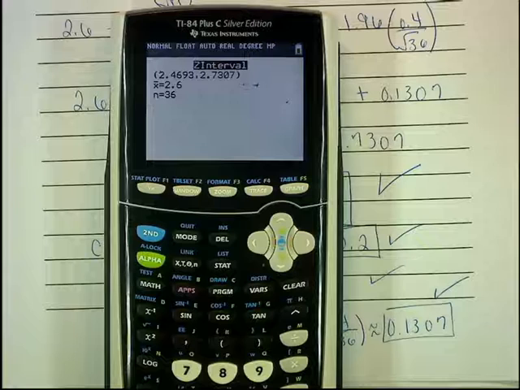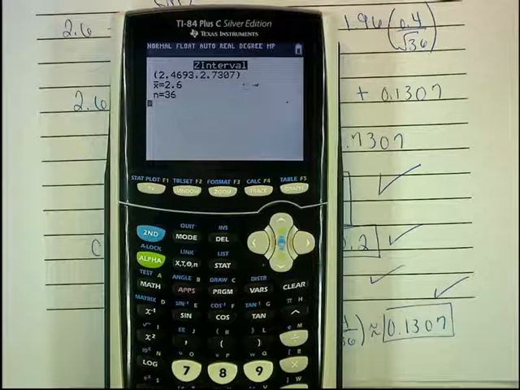There is an approximation for finding E, so that what I'm about to show you is a trick. The E that we found by hand using the formula, Z times S over the square root of N, or 1.96 times 0.4 over the square root of 36, which turned out to be 0.1307 as our E. Here's the trick.